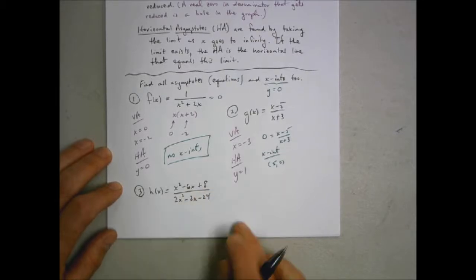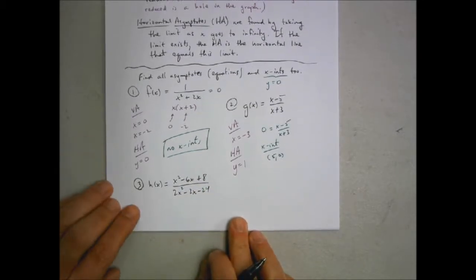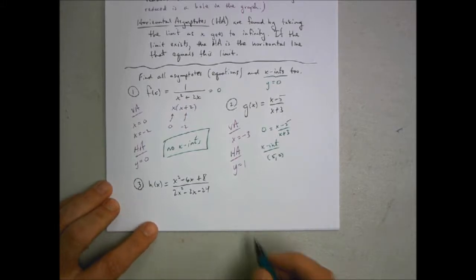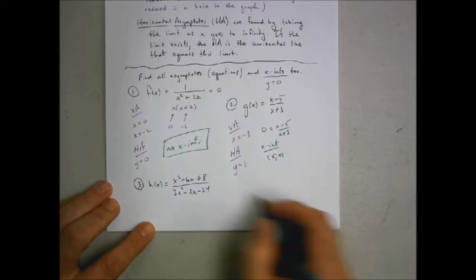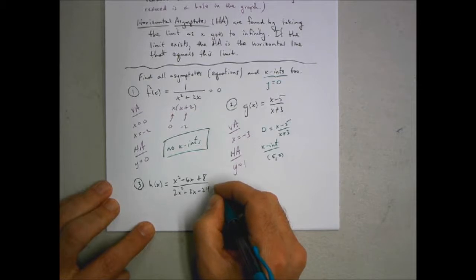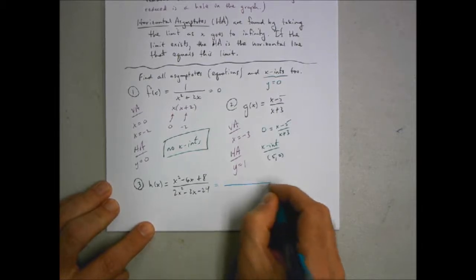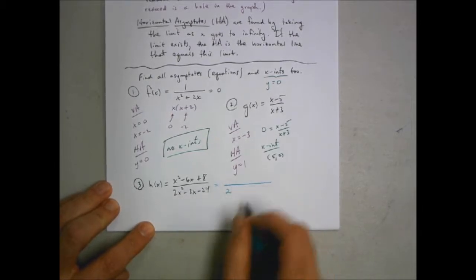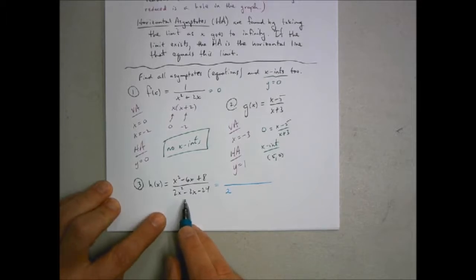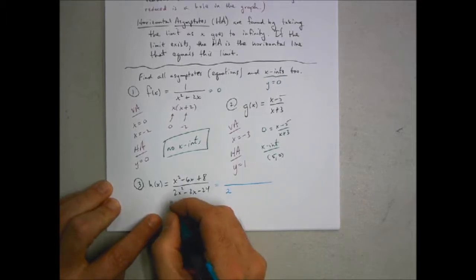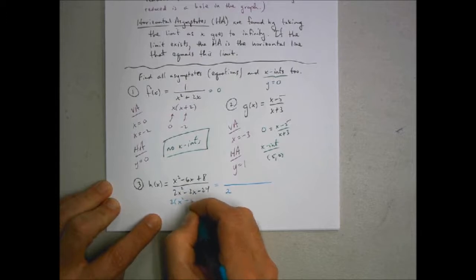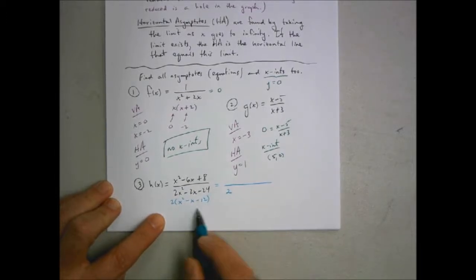Now I'm going to factor this one for us very quickly just so we can save a little bit of time. The denominator has a GCF of 2, and if we do that first, and then factor the x squared minus x minus 12, so 2 times x minus 4 times x plus 3.